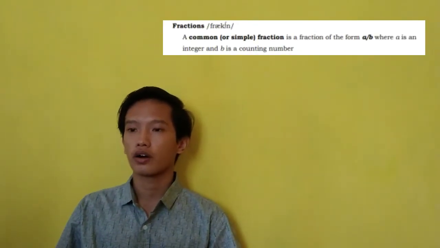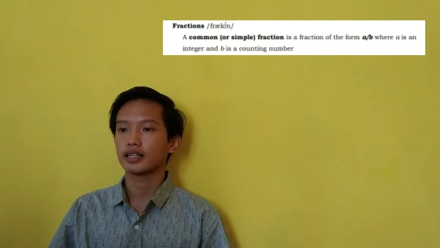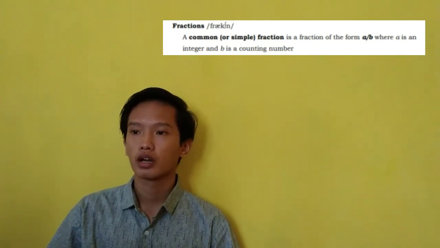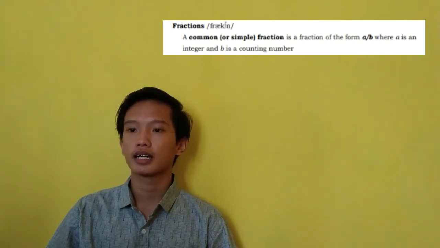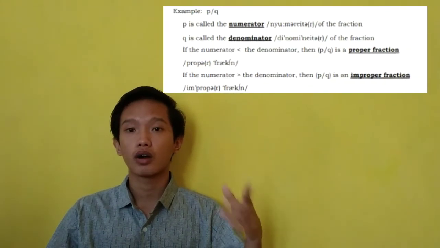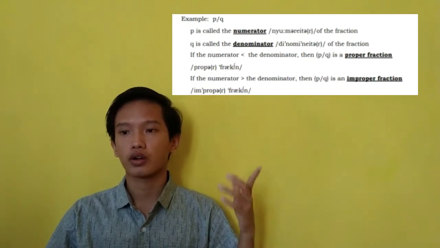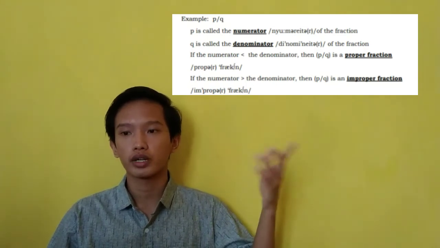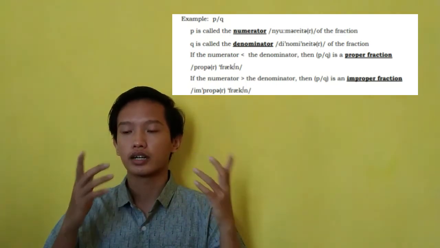A common or simple fraction is a fraction of the form a over b, where a is an integer and b is a counting number. For example, p over q. P is called the numerator of the fraction, and Q is called the denominator.